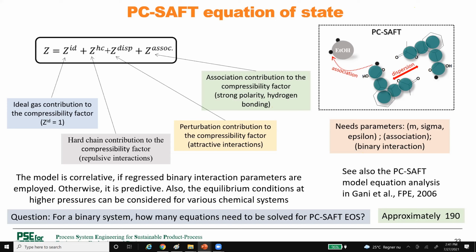Do you want to still use it? Well, it turns out that for some systems, no matter what you do with the Kij parameter for a cubic equation of state, you cannot get the accuracy you want. But you can get the accuracy you want with the PC-SAFT. So you pay for the time, but you get the accuracy.